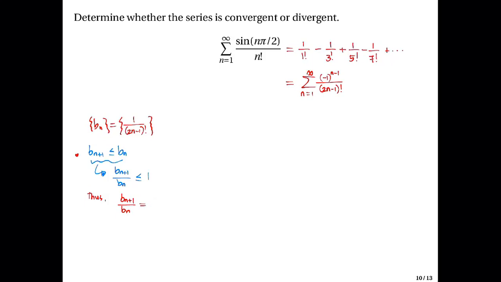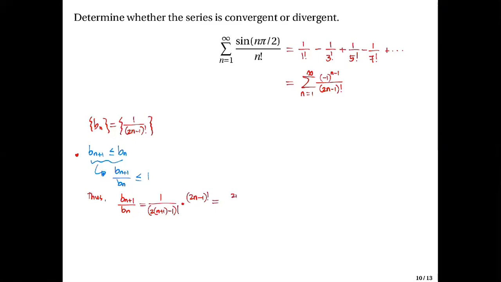So, meron tayong 1 over 2 times n plus 1 minus 1 factorial times yung reciprocal ni Bn, it's just your 2n minus 1 factorial. Then let's just simplify this.